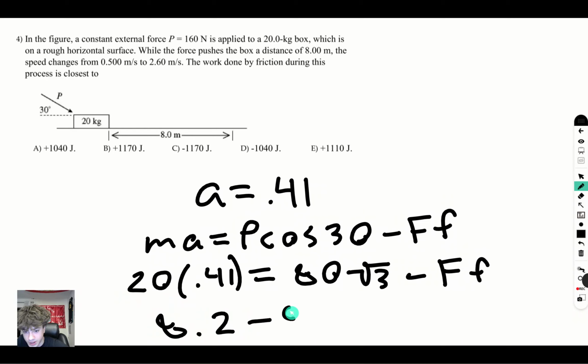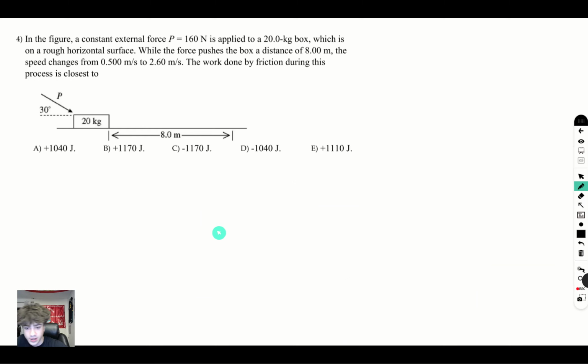We're going to subtract 80 root 3, and that'll be negative frictional force. Alright, and that gives us a frictional force of around negative 128 newtons.